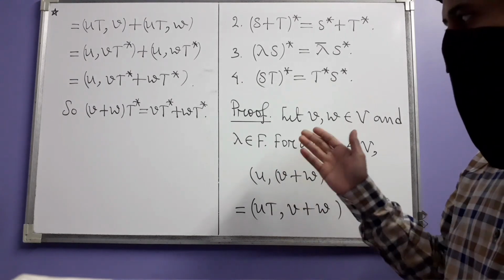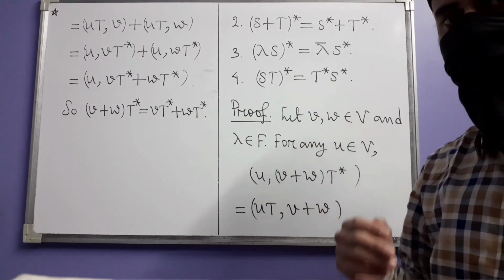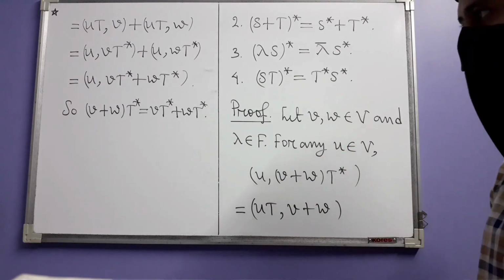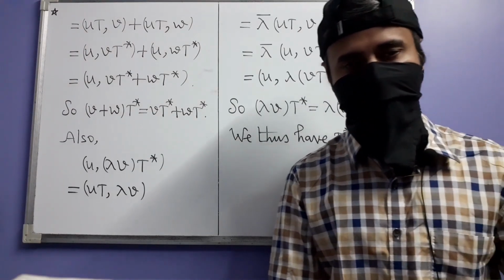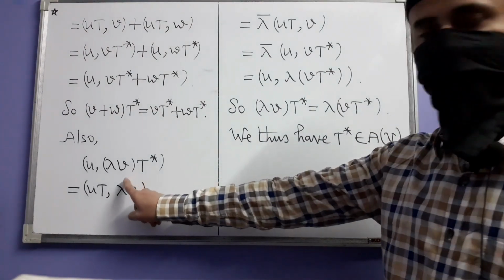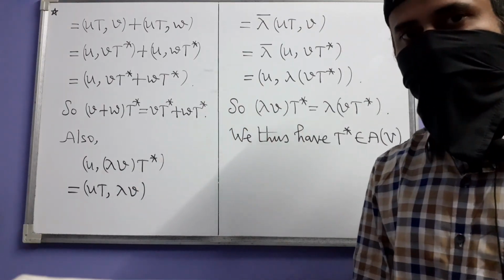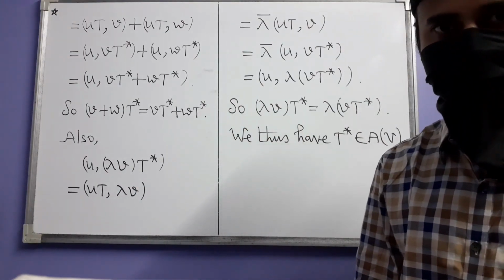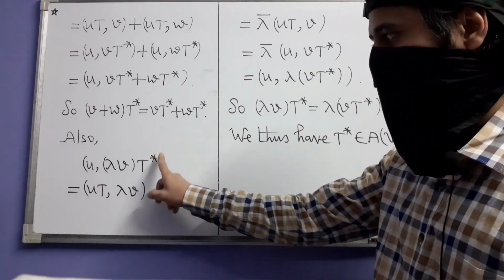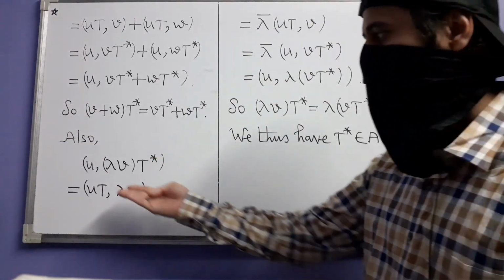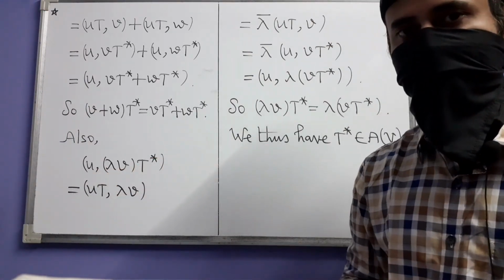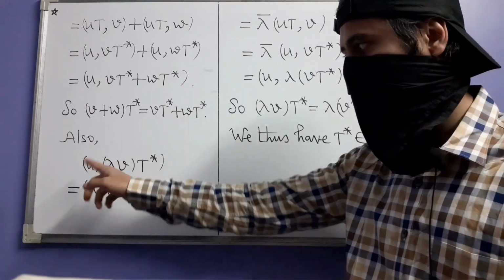Next, we are going to show that T star respects scalar multiplication. So we take the scalar multiple of V by the scalar lambda and apply T star on it, and of course, we consider the inner product of that and u in this order.